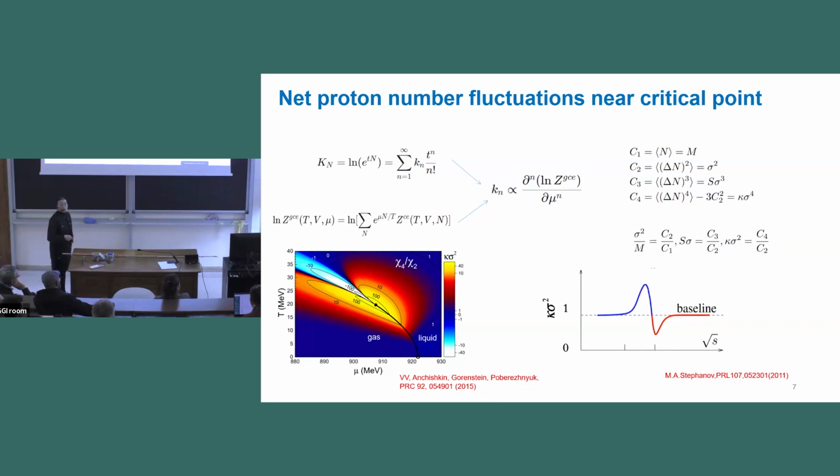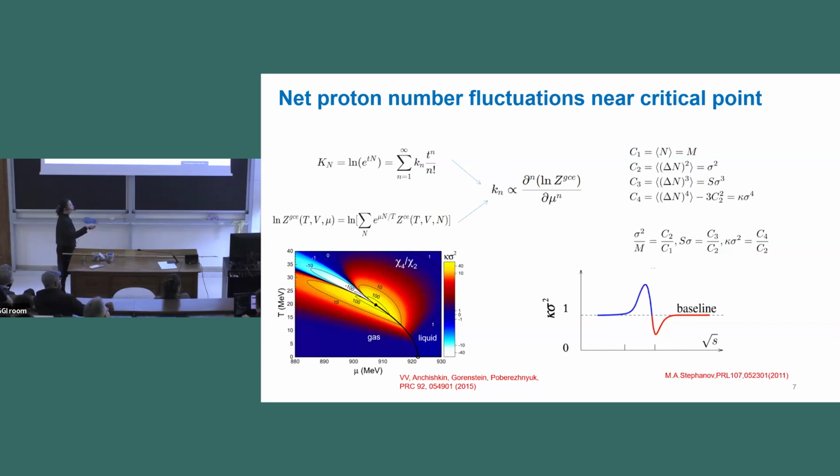This was predicted by Misha Stephanov, and it is the standard picture of this critical endpoint, especially the fourth-order fluctuations over the second cumulant. This ratio is a very standard picture.